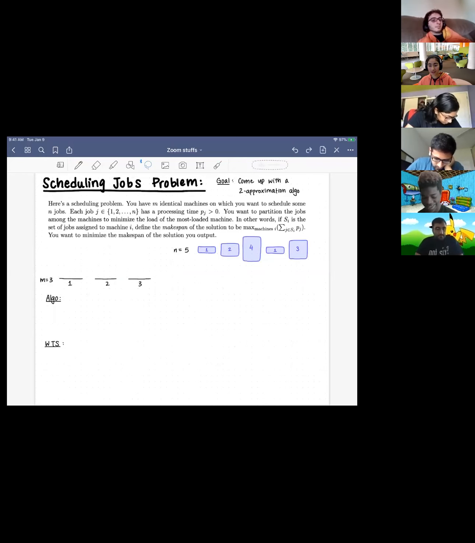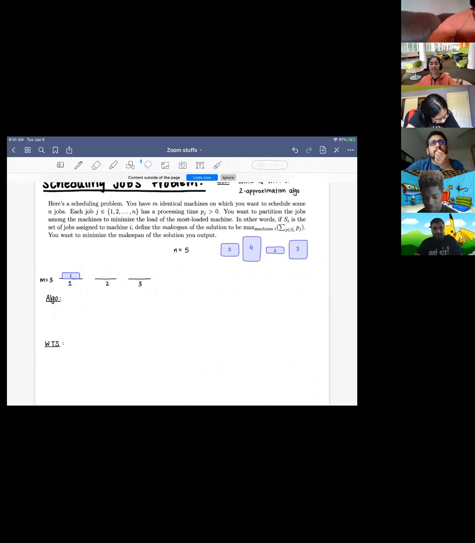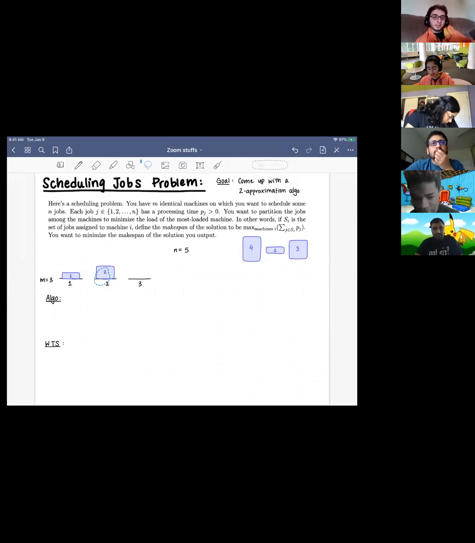So the greedy algorithm, which a few of you mentioned, is just, you don't sort them, you just look at the jobs and you place it at the machine that is doing the least amount of work. So if we run our algorithm right now, we would take job 1 and place it, well, it doesn't really matter. All of these have work 0. You could make it more specified by saying maybe the first one sequentially that has the least amount of work, but it doesn't really matter. We would place this one there, we would place this one here.